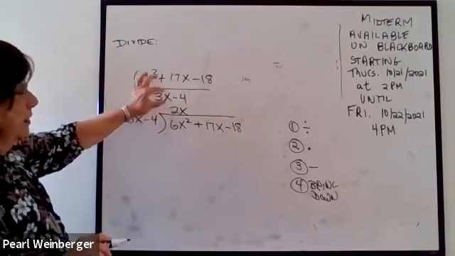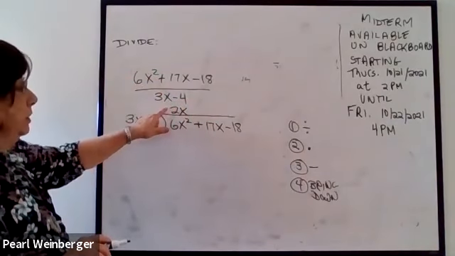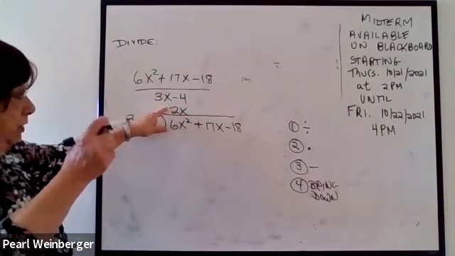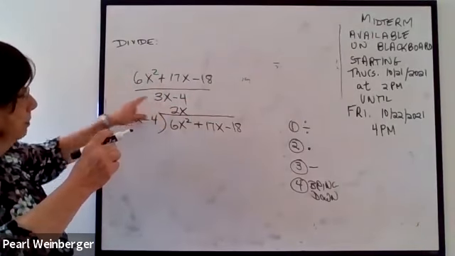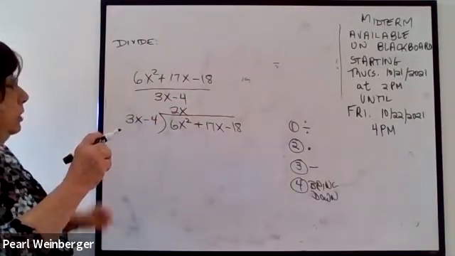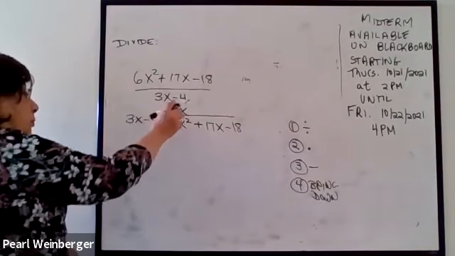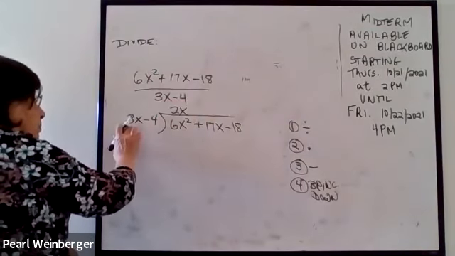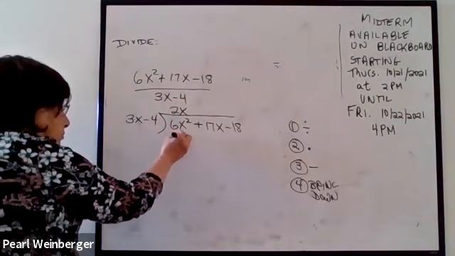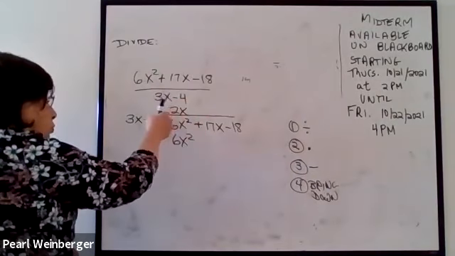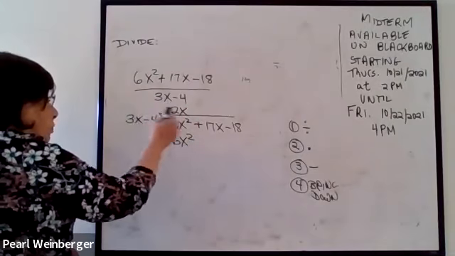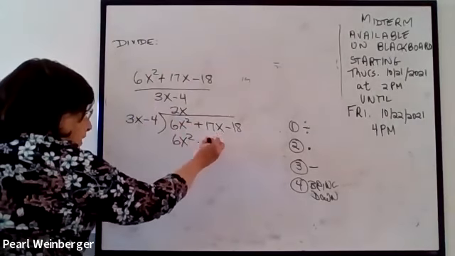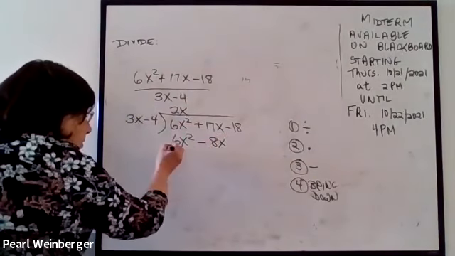We divide, now we multiply. We take the 2x, what we just put on top, and multiply it by both terms of my binomial. 2x times 3x is 6x squared. 2x times negative 4 is negative 8x.